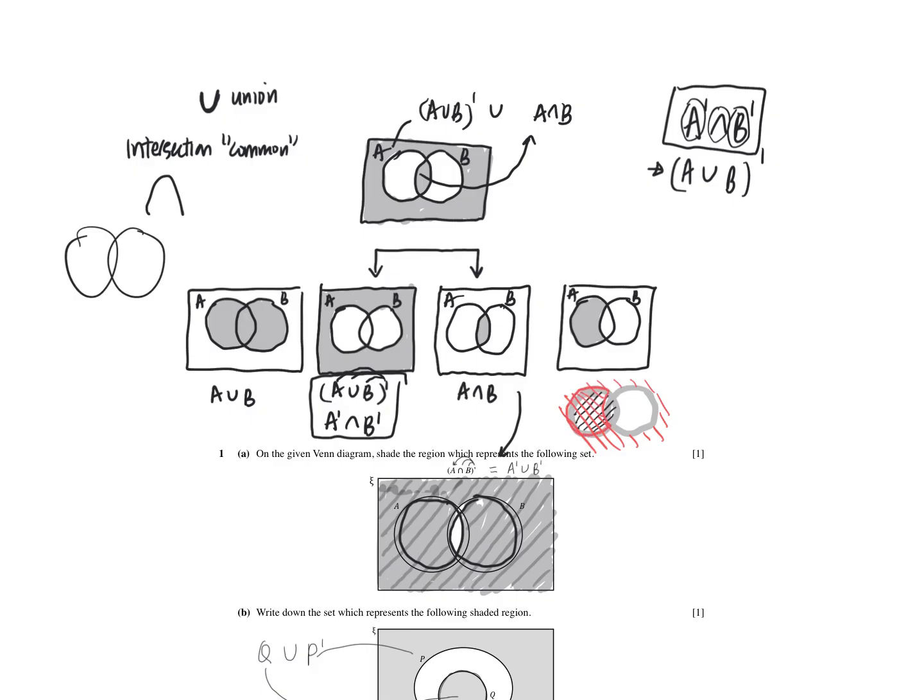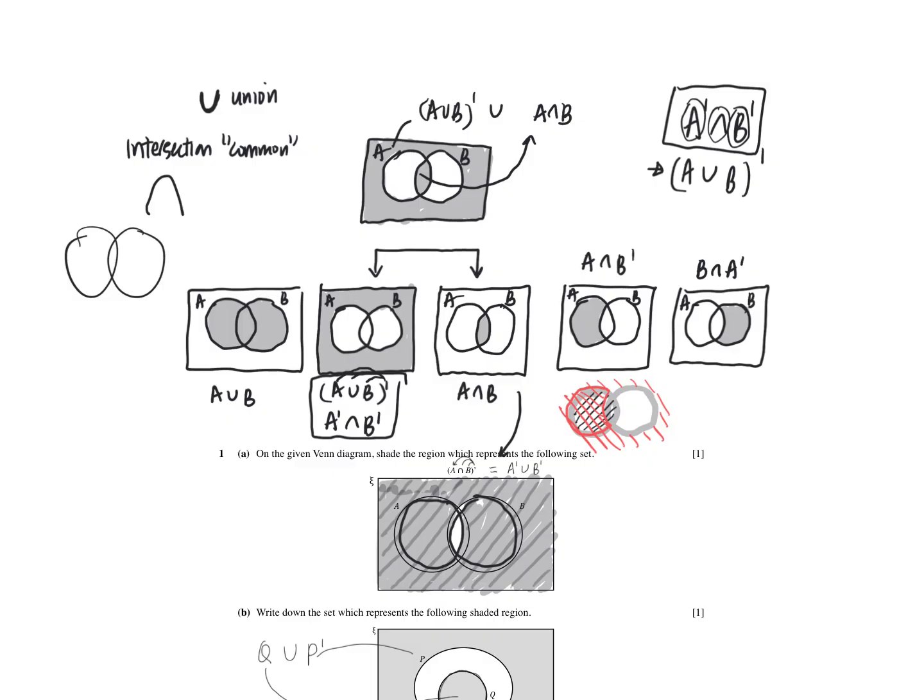So this is called A intersect B complement. Okay, then the other side is the opposite. If I ask you to shade the other one, this part, then it is B intersect A complement.